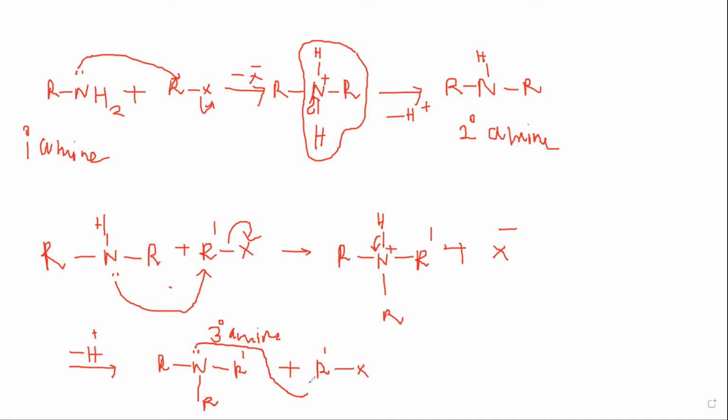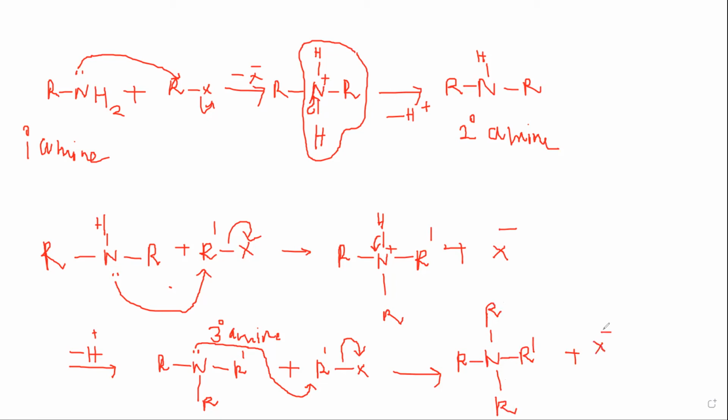This lone pair of electrons will attack here and X will leave as X minus. So the product is R, N, R, R, attached to R dash, plus X minus.